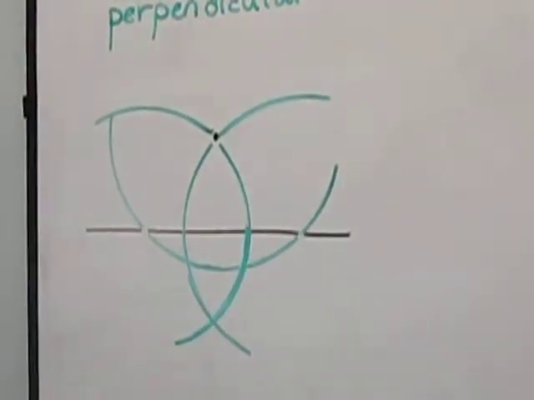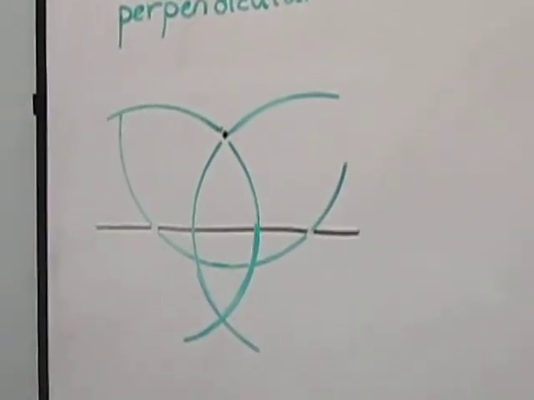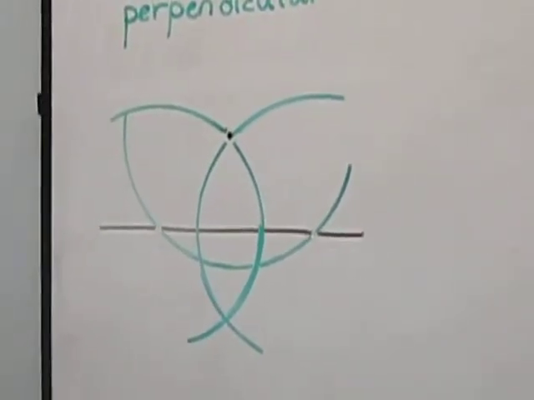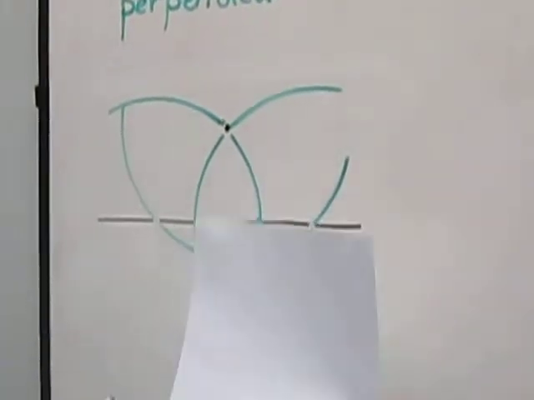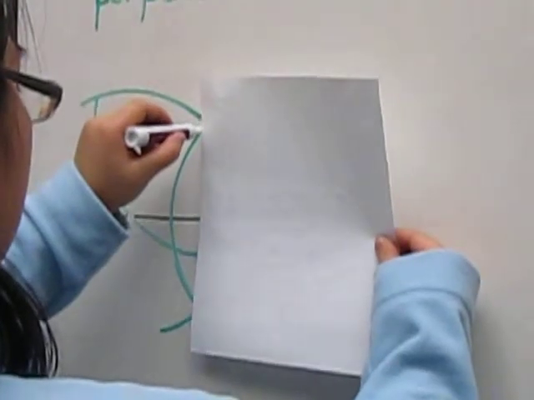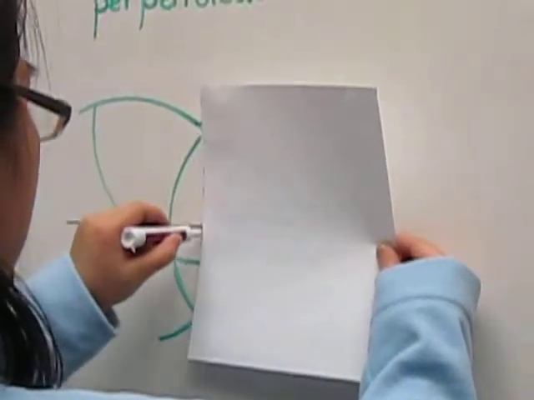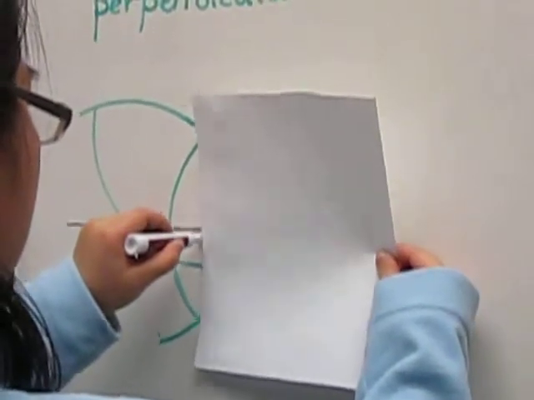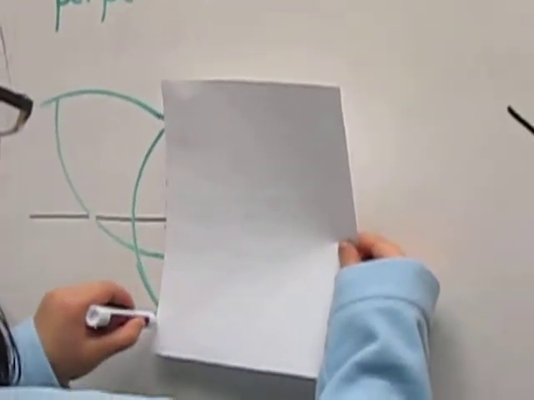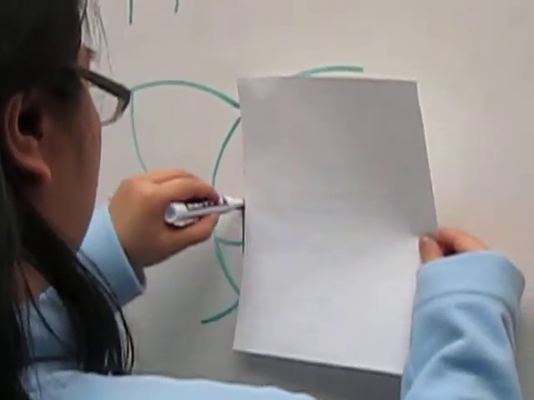Now, we can draw a straight line from here. This is just to give us the basic straight line. And we have to make sure it actually hits the points.